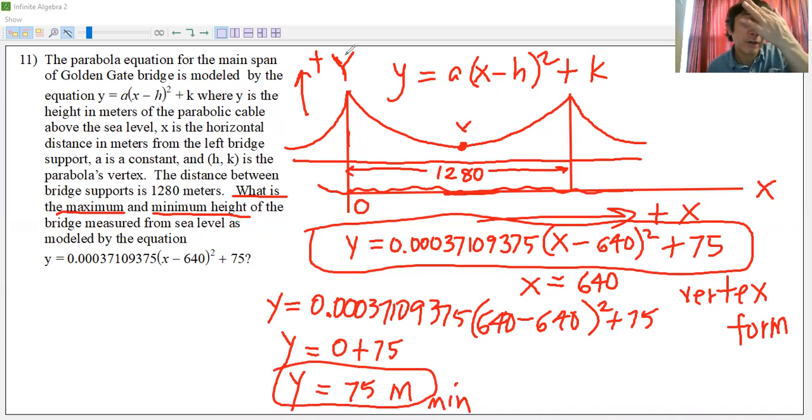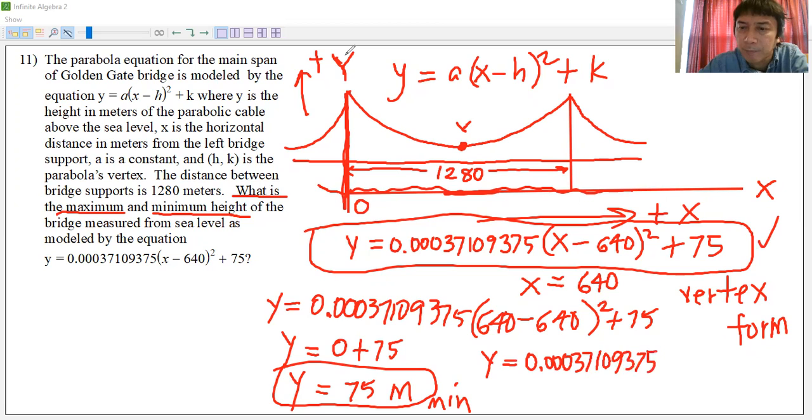Now, however, if you measure here, your x there is 0. So going back to the equation, replace the x with 0. So you're going to have y is equal to 0.00037109375 times 0 minus 640 squared plus 75.